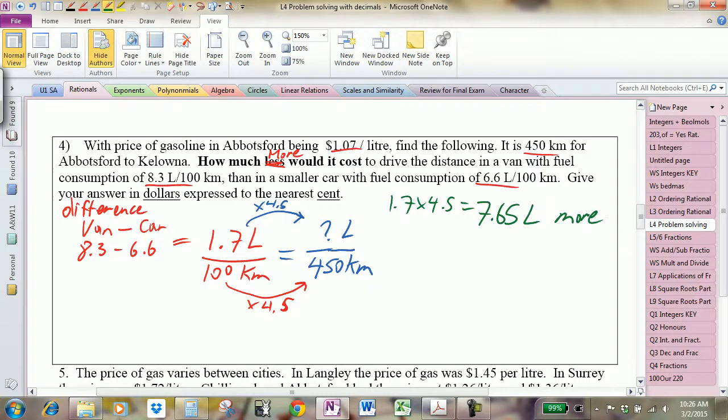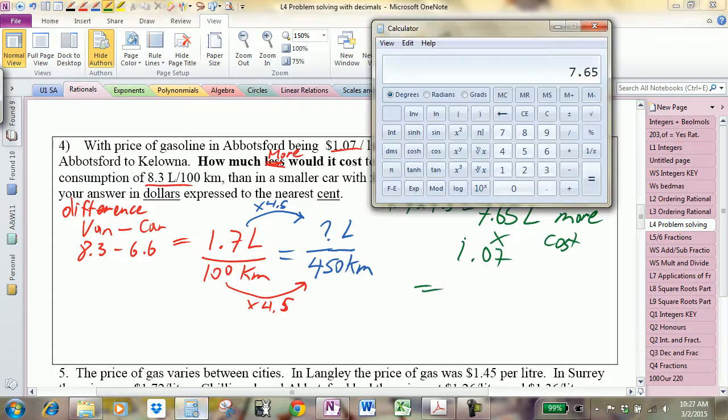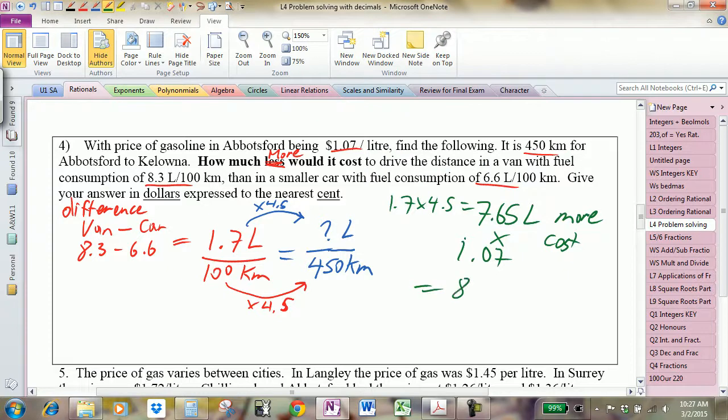So that's how much gas you're going to use. You're going to use 7.65 liters more. Okay. So you're taking our fuel consumption difference, multiplying it to get how much extra fuel will be used, and then we're going to have to times it by the cost, which is $7. And we get this number. $8.19 when you round.